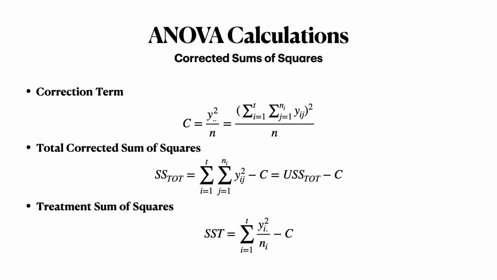To get this, we calculate the sum, i going from 1 to t, of this ratio of two values, the numerator, which is the square of the sum of the observations for each of the samples, and so y sub i dot squared, and then we divide that by the size of the ith sample, n sub i. Once we've calculated that sum, we subtract from it the correction factor C, and that will give us then the treatment sum of squares.